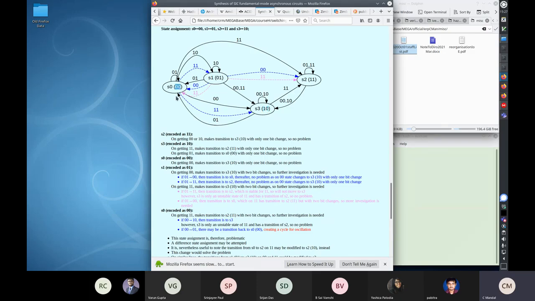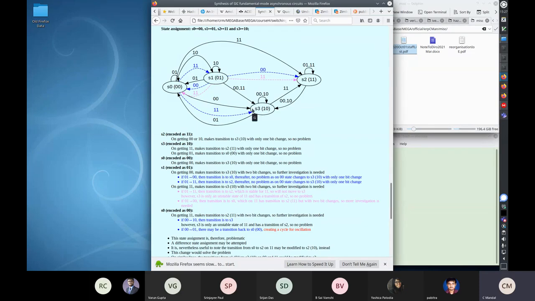Now the present state has become 0 0 and your input is 0 0, so on 0 0 it still makes the transition to S3. So this transition, instead of happening directly, comes here and then comes here.